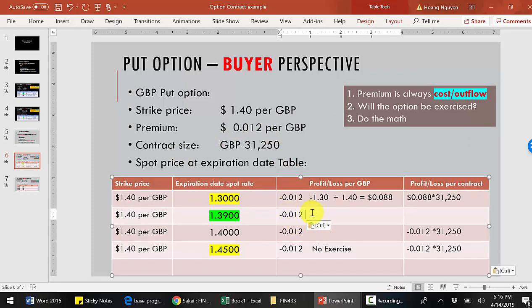Now, when you exercise, you have to buy in the market and pay $1.39 per pound. Once you get the pounds in your hand, you sell them according to the option. You exercise the option, so the option contract seller will pay you 1.4, right? So the 1.4 will be your revenue. And when you add all those three numbers up, what will happen?